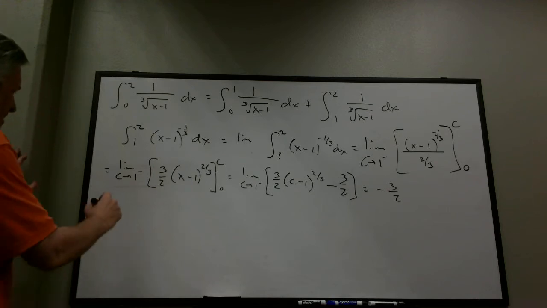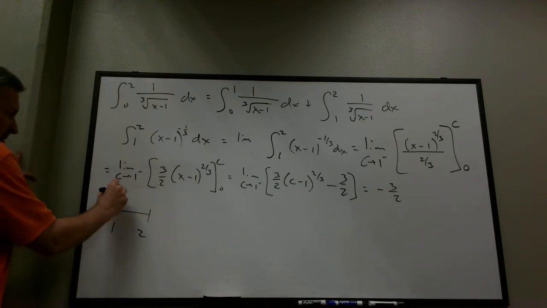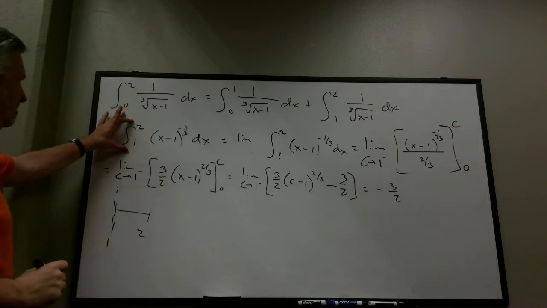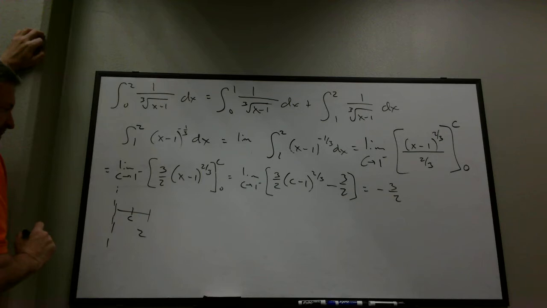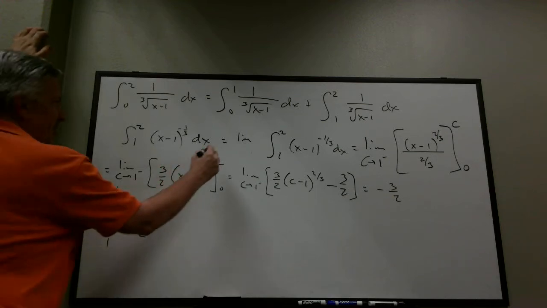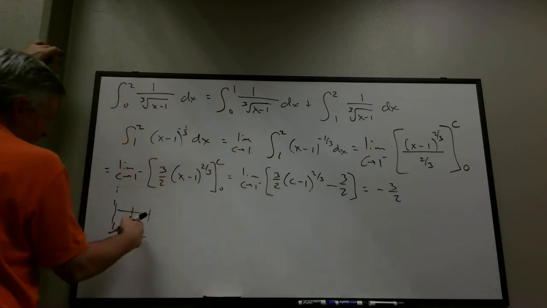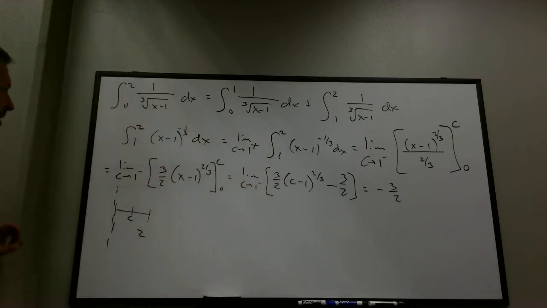Okay, so now imagine the interval from 1 to 2, and again, 1 is where the vertical asymptote is, and so now we're choosing a c between 1 and 2, so c is going to approach something. c approaches 1, but this time we're coming from the right.